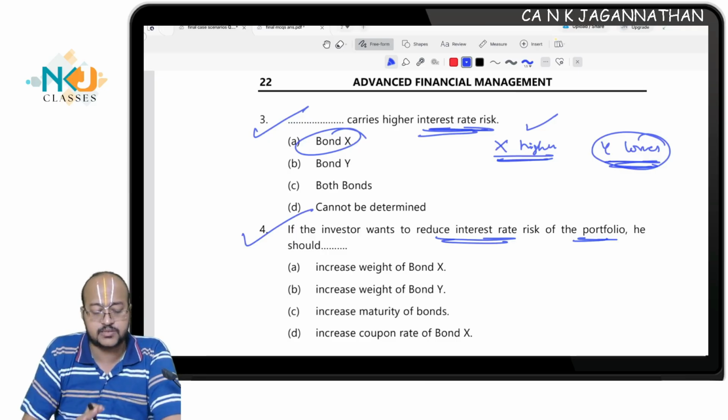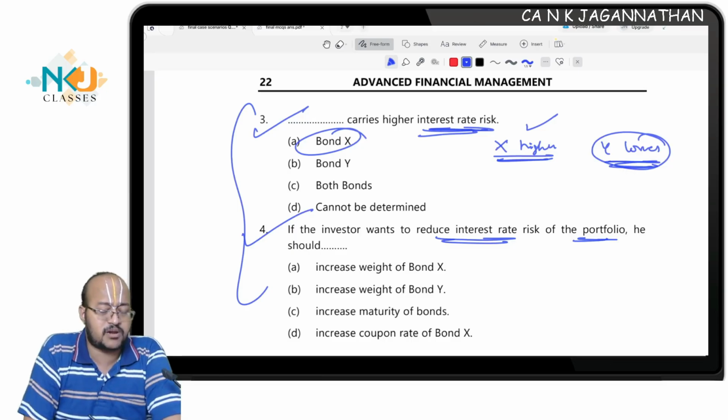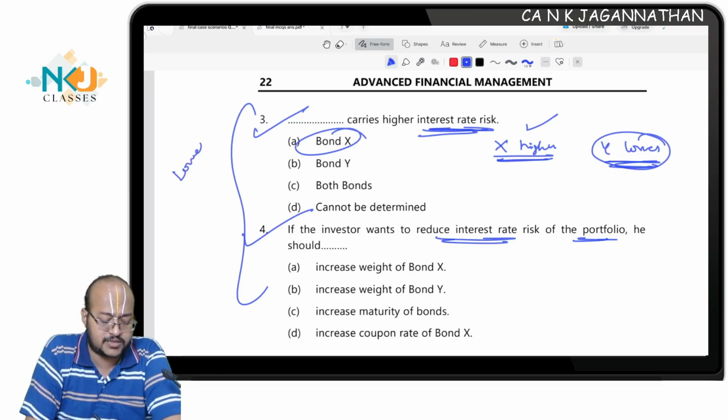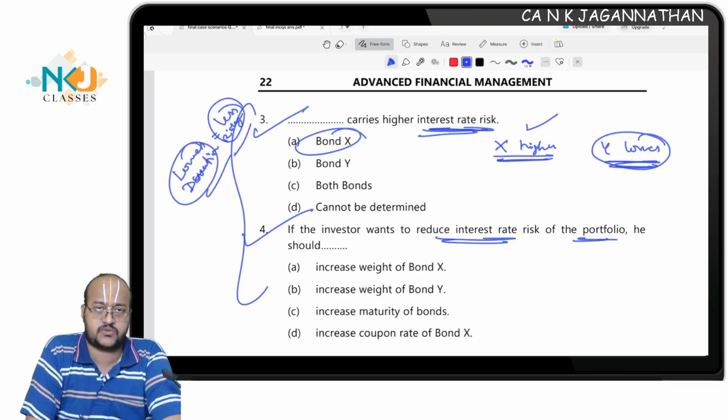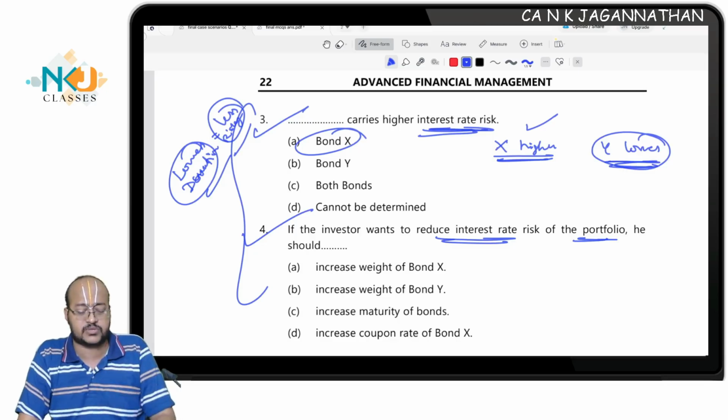Are you understanding? In both these questions, the general assumption is that whichever bond has lower duration is less risky. But anyway, I told you the logic: duration alone is not sufficient, volatility is the main issue. But this is the assumption for these two questions.